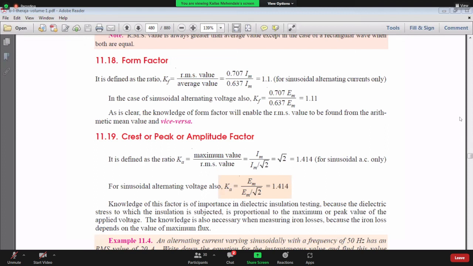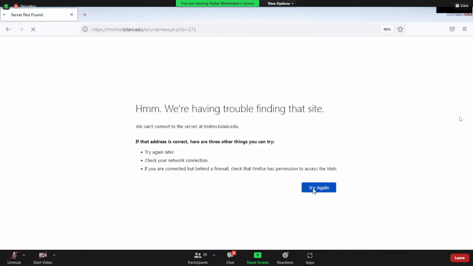Okay, one minute. Let me see if I can revoke this thing. I am trying to connect to the TMI LMS. That LMS also has the attendance, and the division list has been updated there. The server looks to be inaccessible right now.